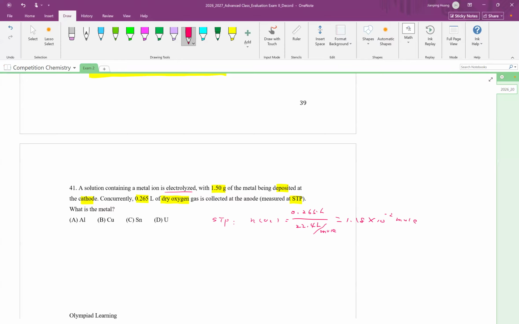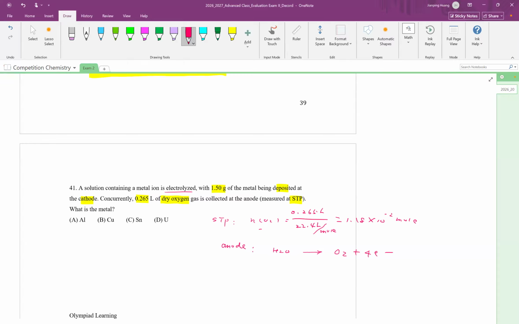Now, look at the half reaction, and that one should be at the anode. Anode: you lose electrons, you get oxygen. How many? You should lose 4 electrons.